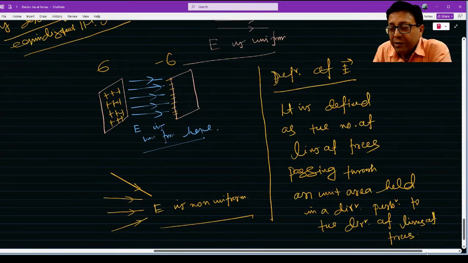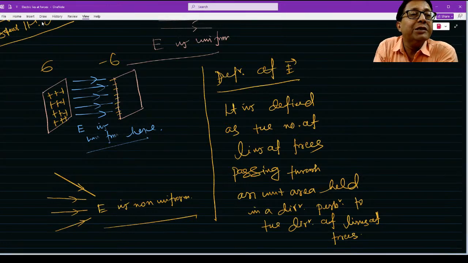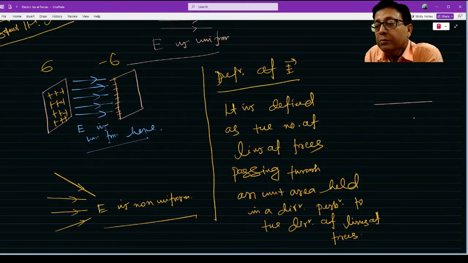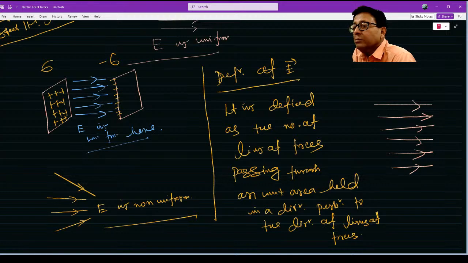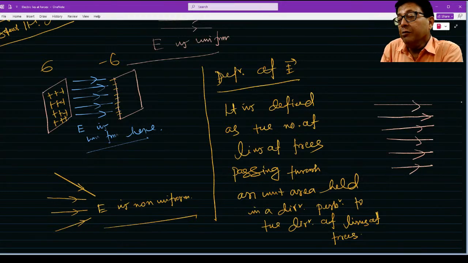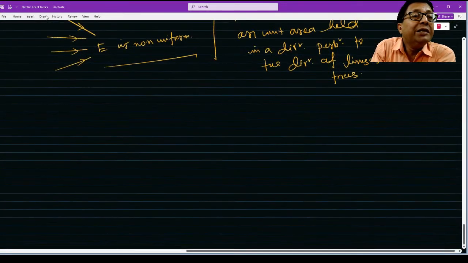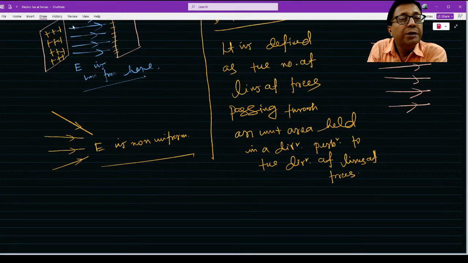Okay, just let me illustrate with this diagram. I am taking lines of forces this way. I am telling this uniform electric field is E. There is an area which is held perpendicular to the direction of lines of force.